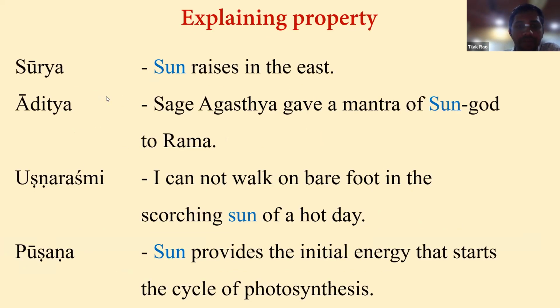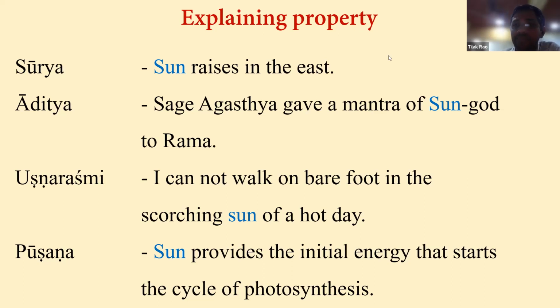For example, when we want to say the sun rises in the east, this sentence is about the movement of sun. When we are saying about the movement, we can use the word Surya, because Surya is connected with the movement.